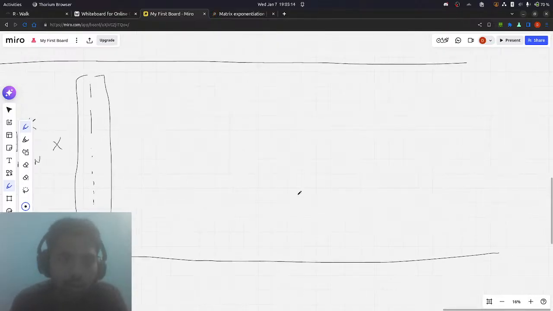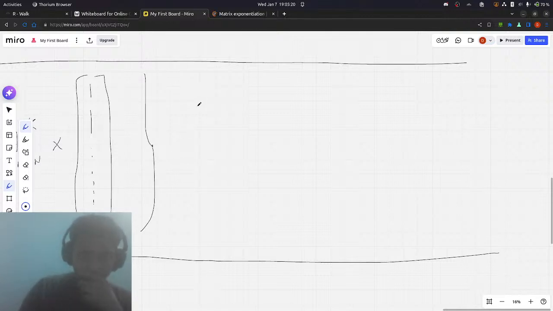We have a matrix a to the power k, n cross n basically.